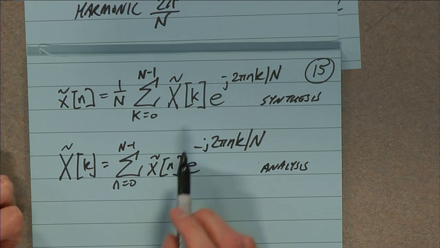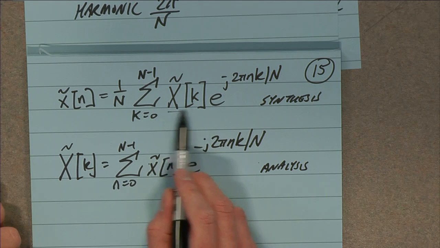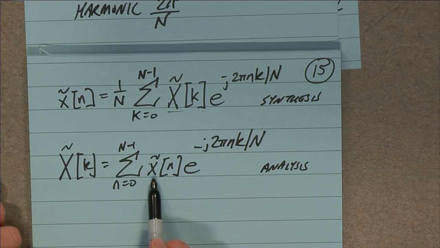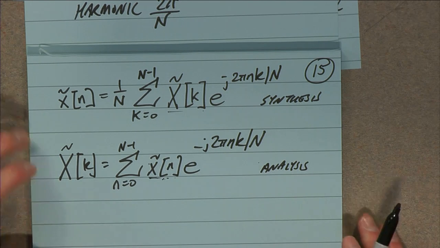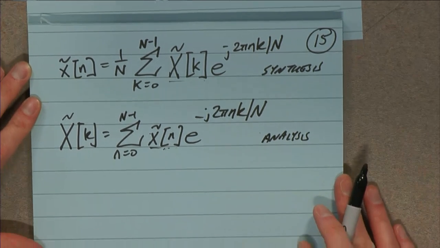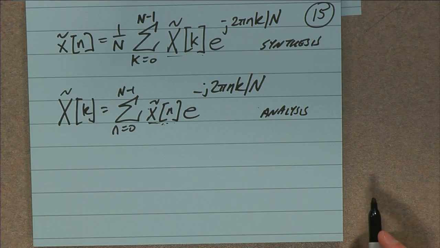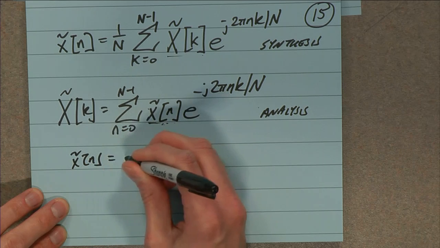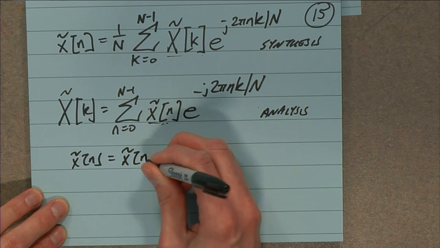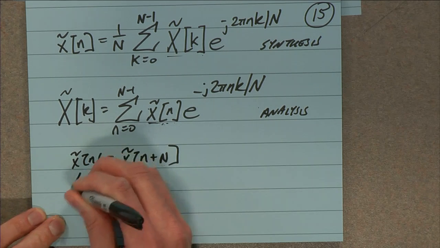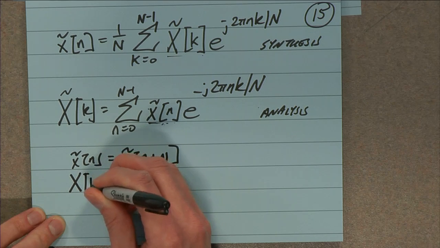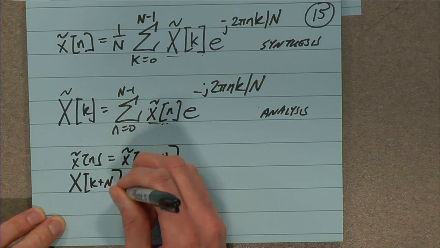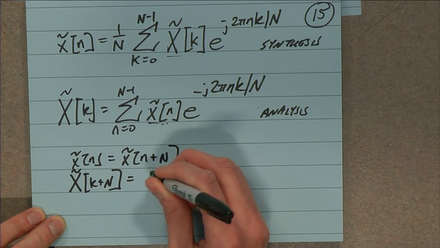So it turns out they're both periodic, both the Fourier series coefficients, and of course we started with the premise that our input sequence was periodic. So what are we saying? We started with this, and we have to end up with this is periodic.